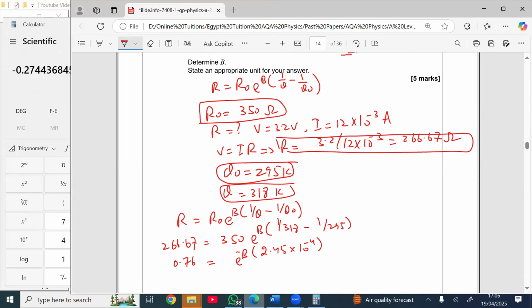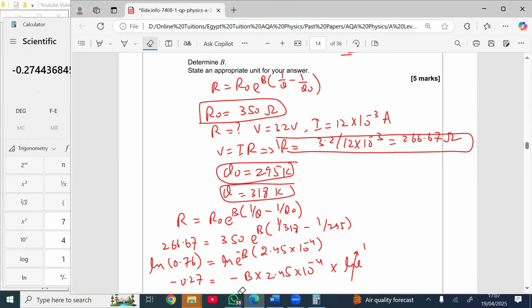On the other side, we get B into minus 2.45 into 10 raised to the power minus 4 into ln of e, which goes to 1.